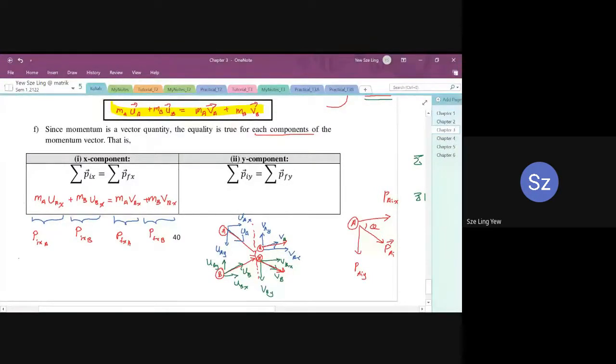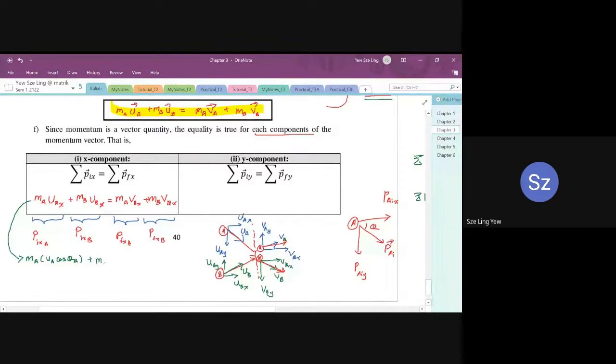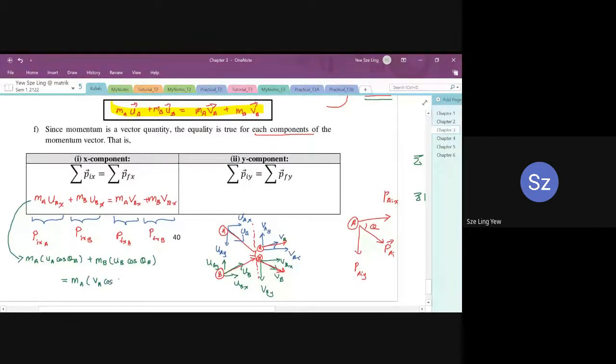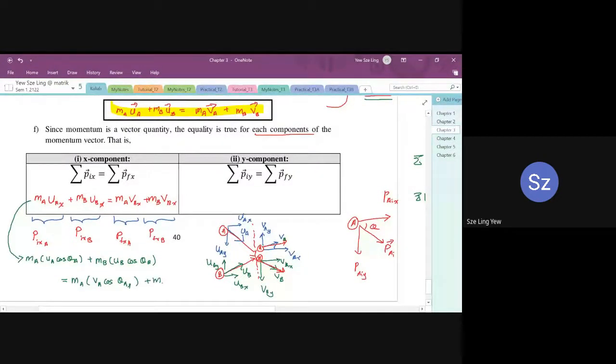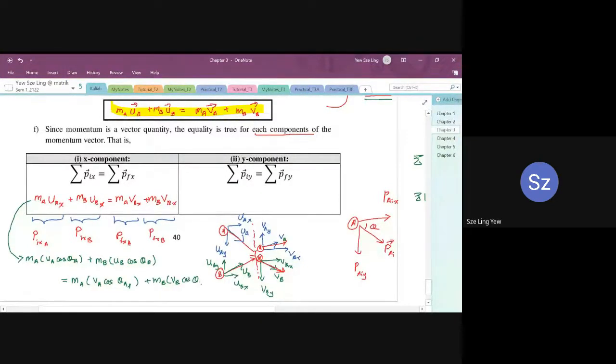Then the equation will become MA UA cos theta A plus MB UB cos theta B equals MA VA cos theta A final plus MB VB cos theta B final.